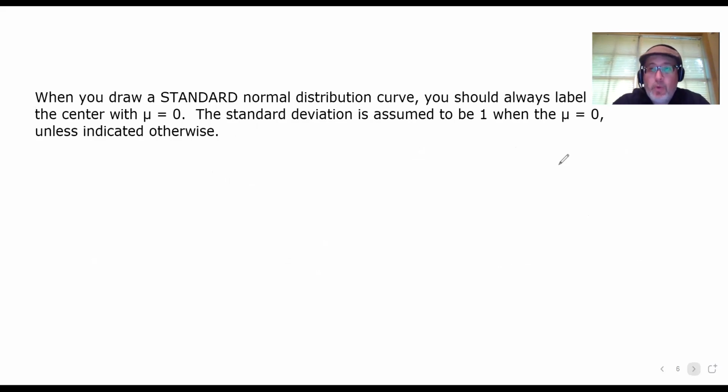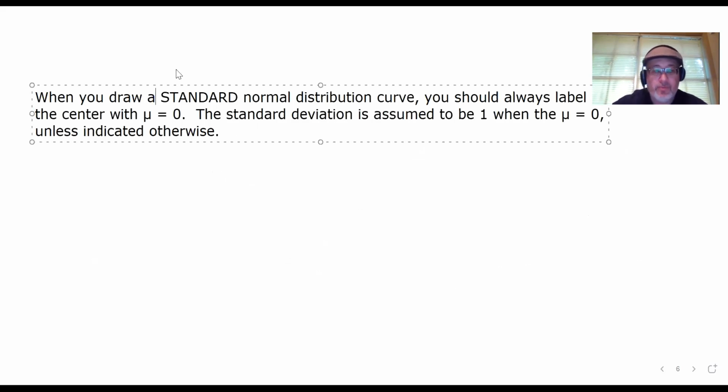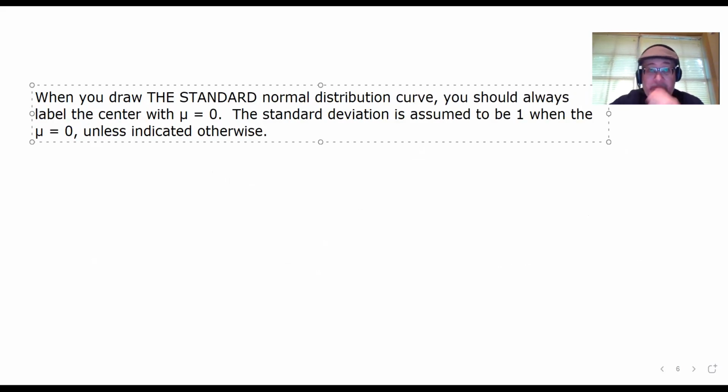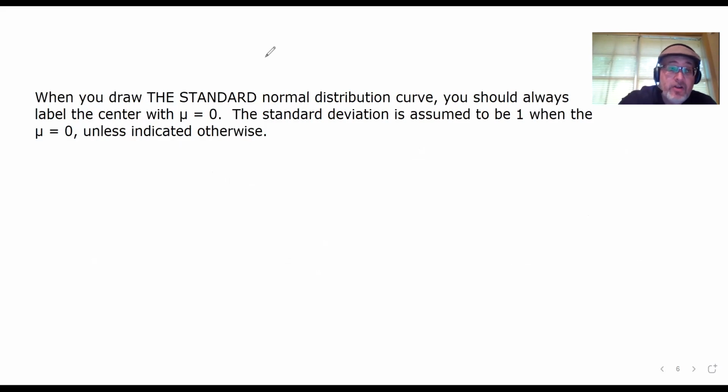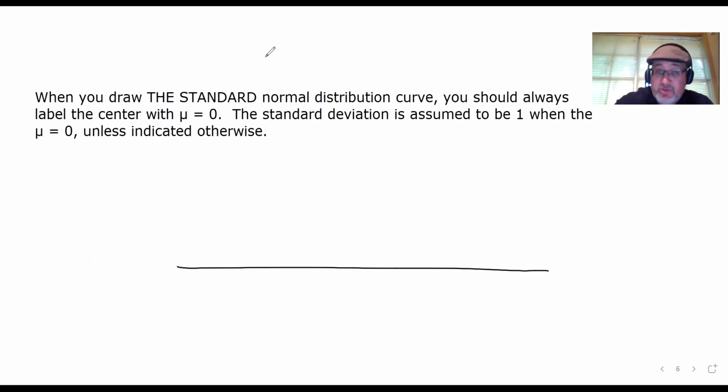Now, when you draw a standard normal distribution curve, and honestly, I should say the standard normal distribution curve, because there's only one, because standard means mu is 0 and sigma is 1. Standard means the mean is 0 and the standard deviation is 1. So there's only one such curve.